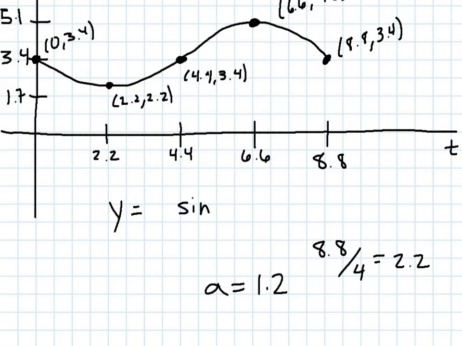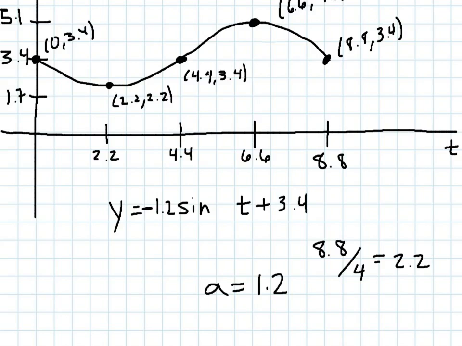Okay, so sine, now our magnitude is 1.2, but because you went down first, you would say it's negative 1.2, because it's the reflection over the x-axis there. And then we would have some value for t plus our vertical translation, which we moved up to an average of 3.4, not at 0.